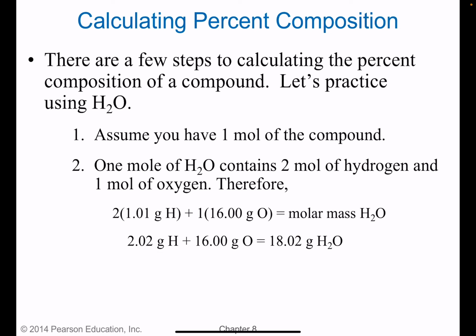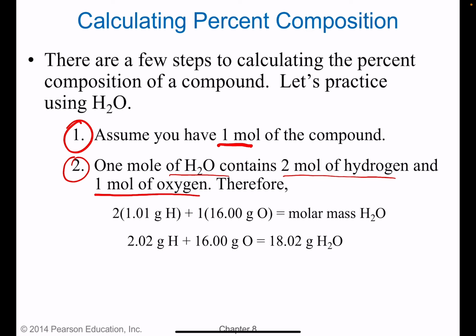So there's a couple steps anytime you're doing a percent composition problem. The first thing is more like a hint. It basically says just assume that you have 1 mole of the compound, because if you assume that you have 1 mole of the compound, you can then calculate how many grams of each element you have in that compound. So if we had 1 mole of water, that means we would have 2 moles of hydrogen atoms and 1 mole of oxygen atoms, because for every 1 mole of water, there's 2 moles of hydrogen and 1 of oxygen.